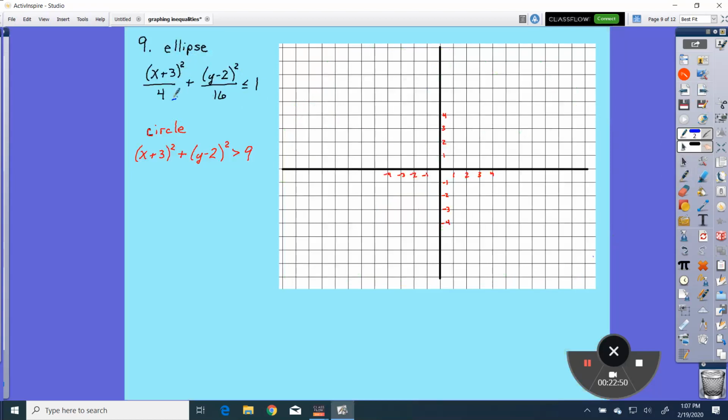So the ellipse, the center is going to be at negative 3, positive 2. So negative 3, positive 2. The square root of 4 is 2, and that's under my x's, so I go right 2 and left 2. Square root of 16 is 4, so I go up 4 and down 4. Now I draw my picture.